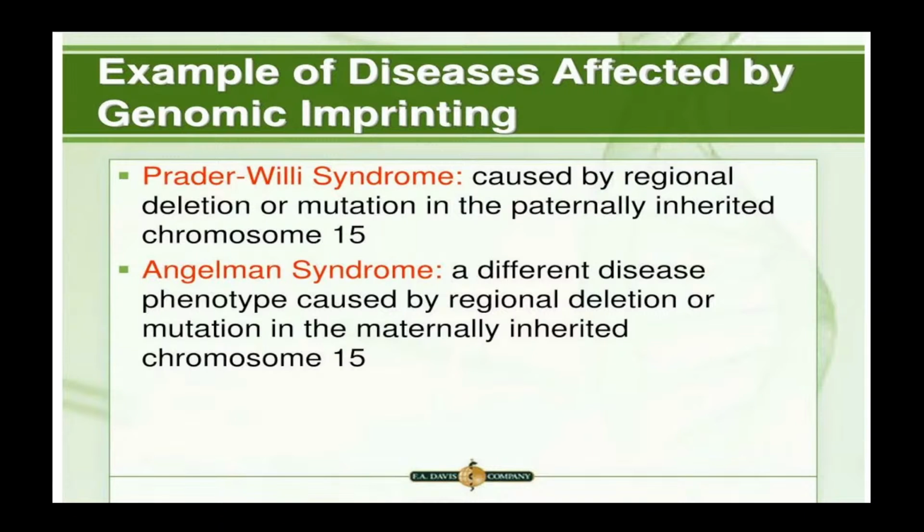Examples of diseases affected by genomic imprinting. This is Prader-Willi syndrome, caused by regional deletion or mutation in paternally inherited chromosome 15. Angelman syndrome is a different disease phenotype caused by regional deletion or mutation in maternally inherited chromosome 15.